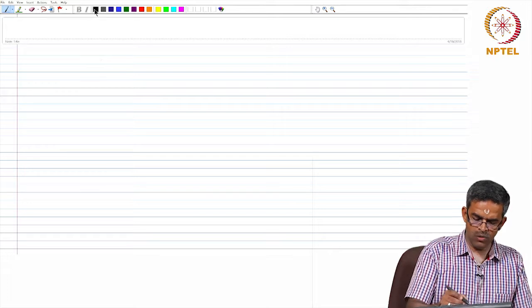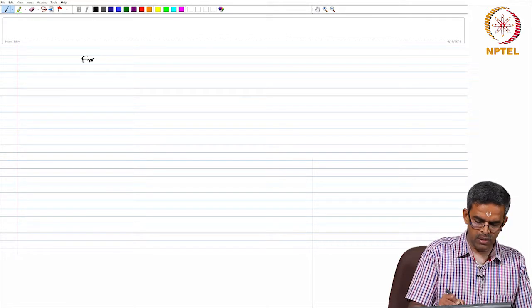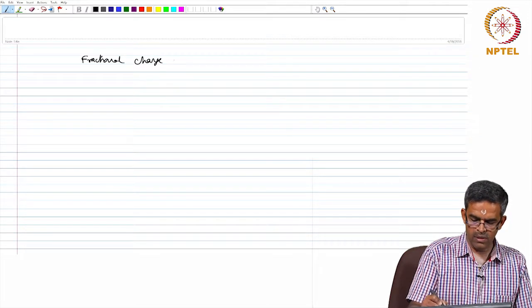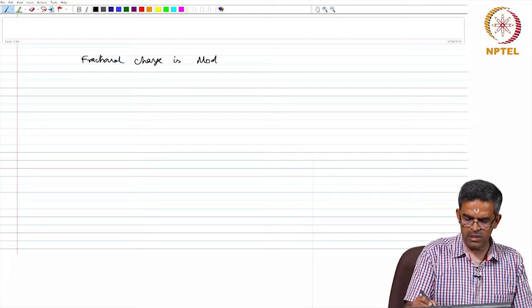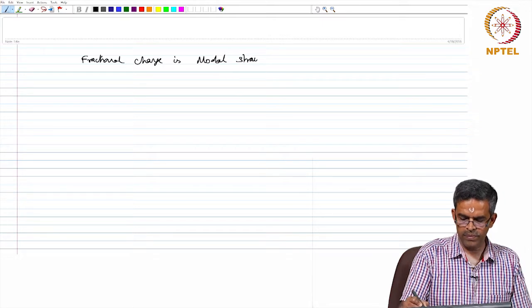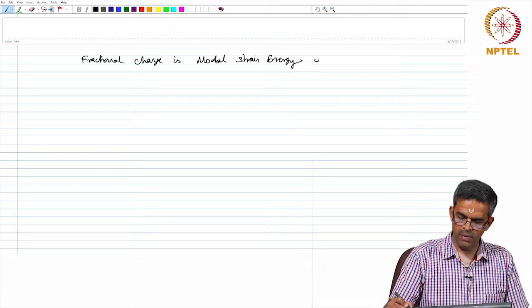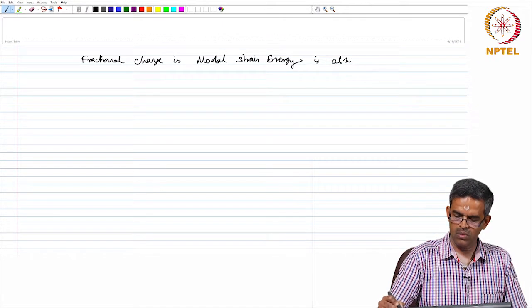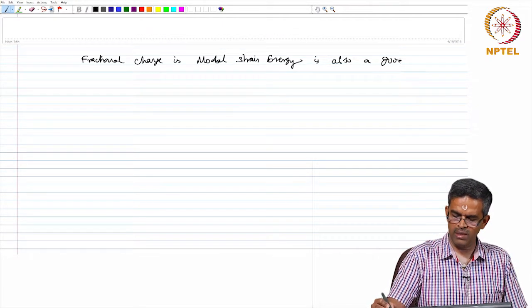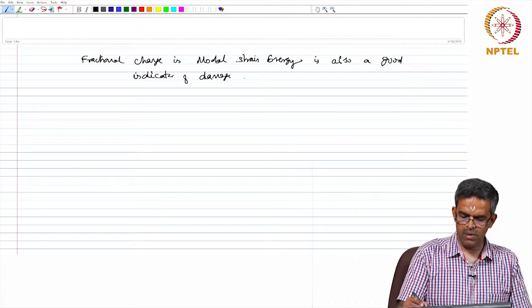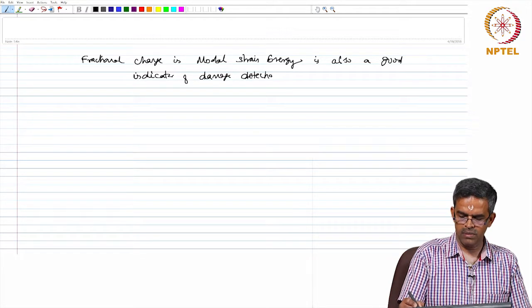It is important to note that a fractional change in modal strain energy is also a good indicator of damage detection.